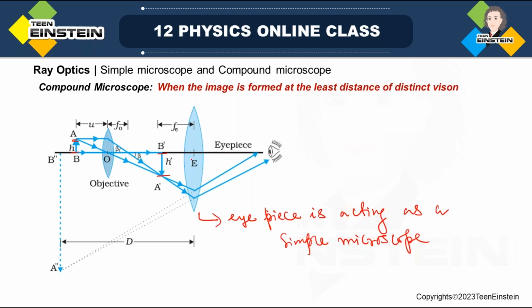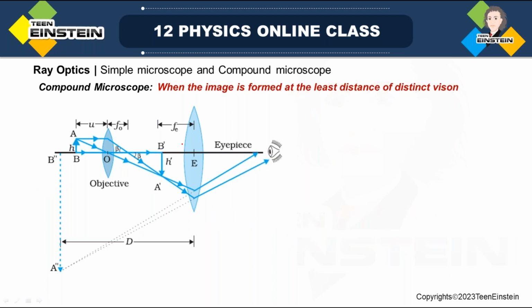Now this object is actually 1000 times greater, 1000 times of A prime B prime, isn't it? So this is why there are two lenses, and since two lenses are combined together, it is called a compound microscope. Let us see how we can calculate the magnifying power in this case.